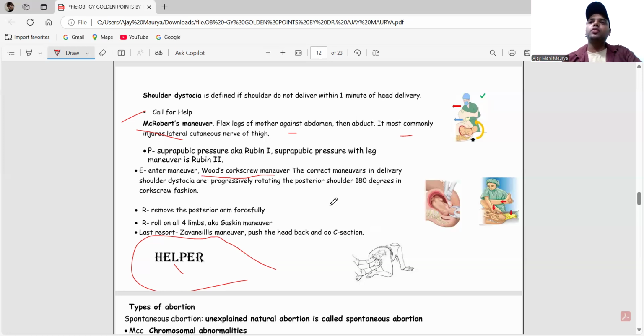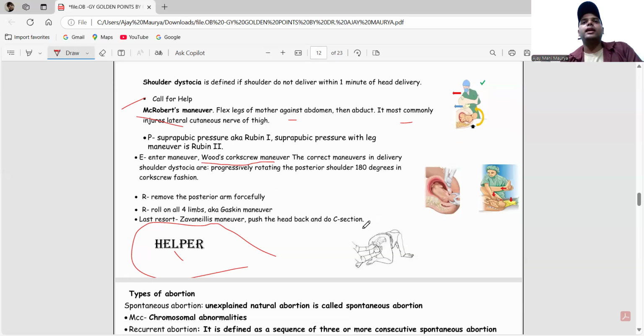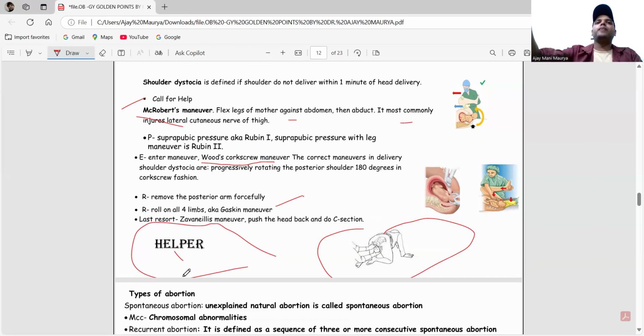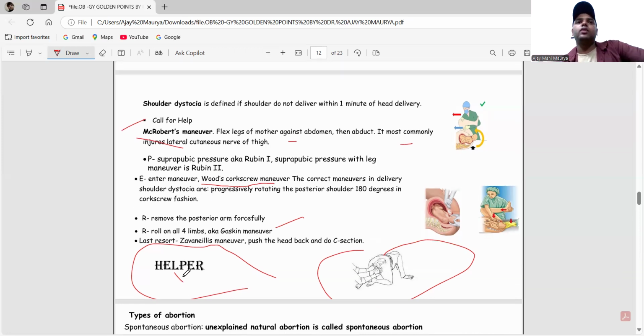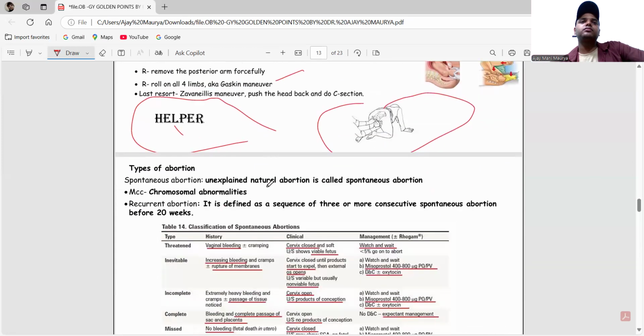Then, guys, the last is to remove the posterior arm, or roll onto all four limbs, also called the Gaskin maneuver. Roll on four limbs. The last stage, guys, if everything fails, you have to push the head back and do a cesarean section. Remember this one.